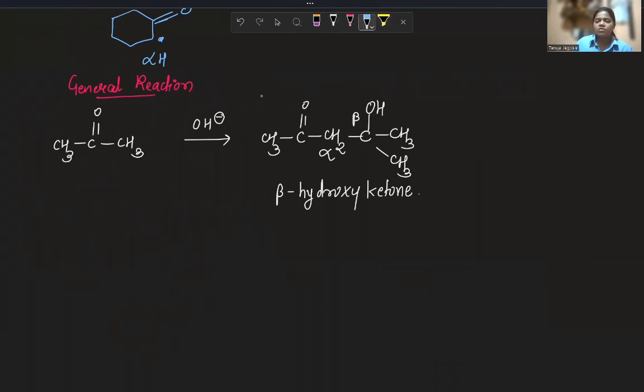This is the general reaction for any aldol condensation to occur. Now we can write the mechanism of aldol condensation. The mechanism can occur in two mediums, basic medium as well as acidic medium. Let us see first what happens in basic medium.